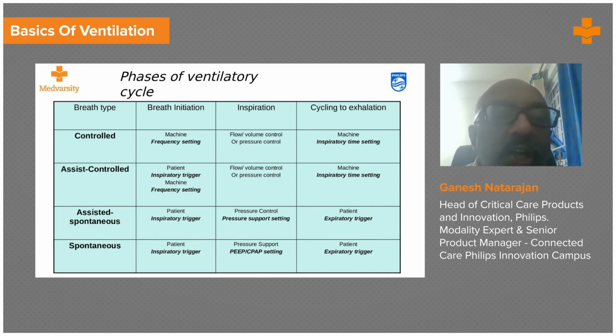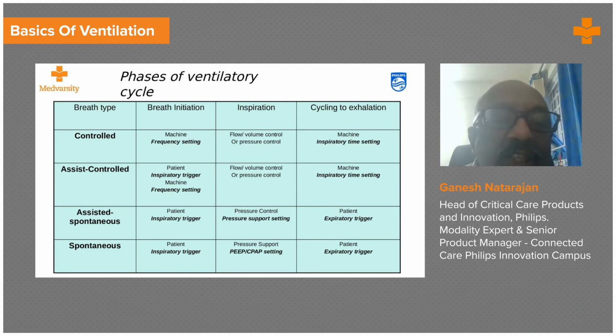In an assist control mode, the patient could trigger to inform the machine that the patient wants to start a breath, or the patient has some efforts on their own. The inspiration is either volume or pressure control that you set. And again, here, the exhalation is by the inspiratory time setting or the volume being delivered to the patient.